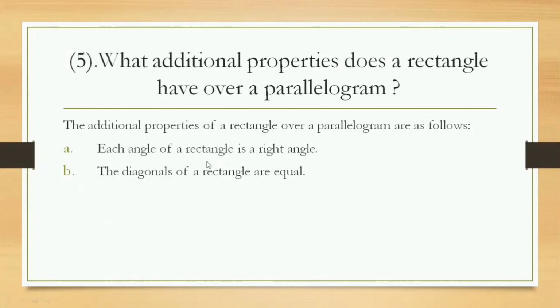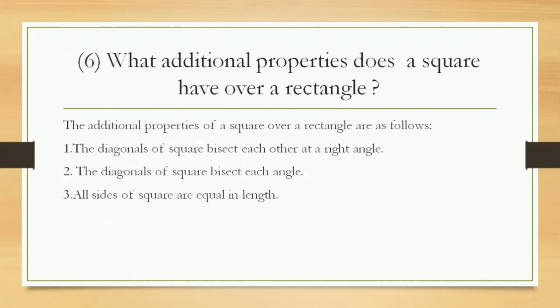These are the additional properties which are not in a parallelogram. That's what we can tell. All rectangles we can call parallelograms, but not all parallelograms are rectangles. You have to keep that in mind.